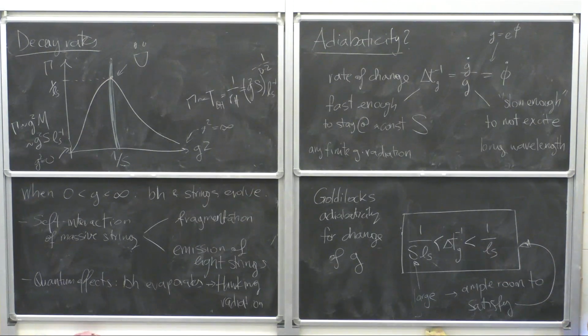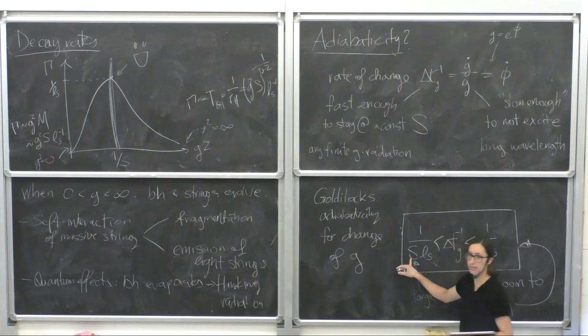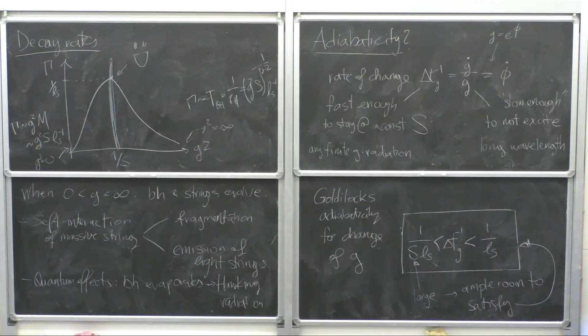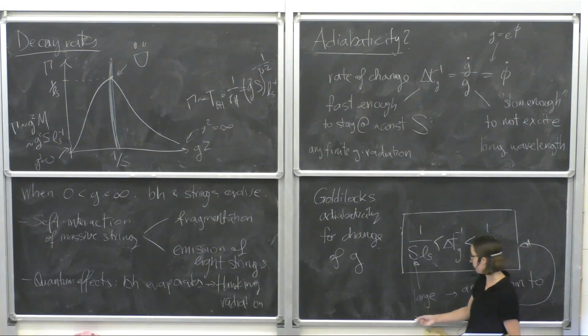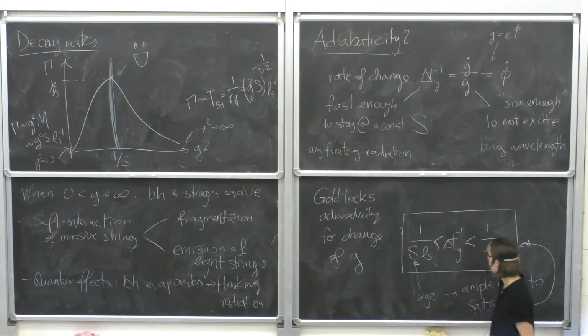When would this be an exact adiabaticity condition? When the entropy is infinite, then we could talk about an adiabatic notion. But we're working with real systems where the entropy is not infinite, it's large.